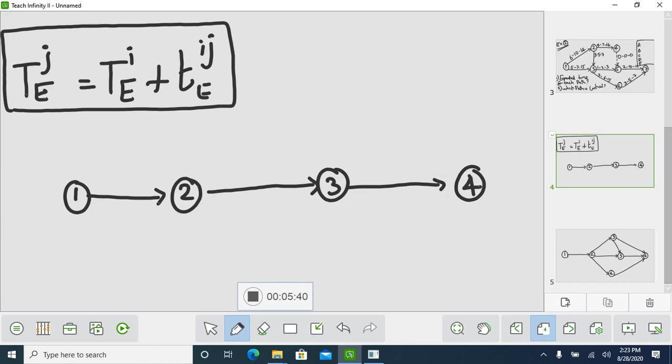This is one basic network diagram. They will give you the optimistic time, pessimistic time, and most likely time. Once your diagram is like this, you will be calculating expected time.